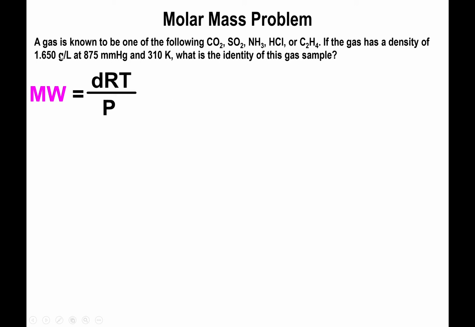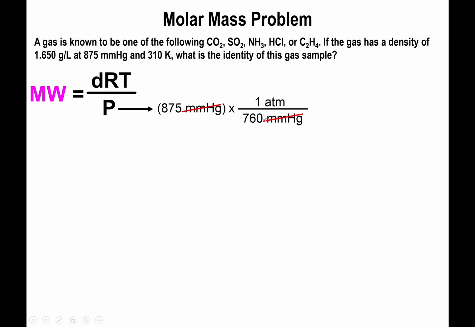The density is in units of grams per liter, and that's perfect because we need liters for the units of volume and we need grams for the units of mass. However, the pressure needs to be in atmospheres, so that will have to change. The temperature is in Kelvin, so that's looking good. So we take care of the pressure, 875 millimeters of mercury. In order to convert this to the proper units, which are atmospheres, we're going to divide the 875 by 760 millimeters of mercury, which equate to 1 atmosphere.